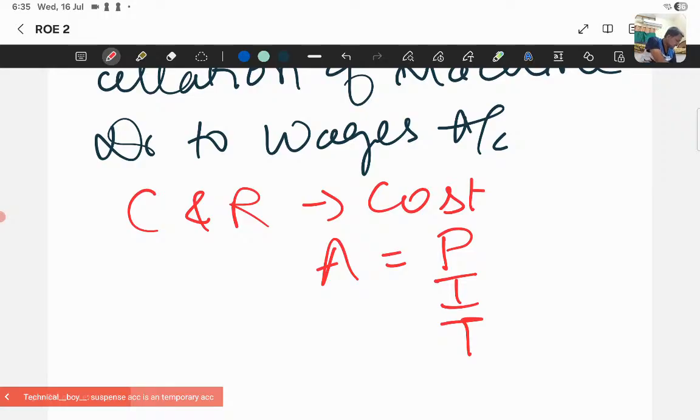Can anyone tell me what this PIT is? The cost of the asset involves three things, that is PIT. What is PIT here? Waiting for your answers.